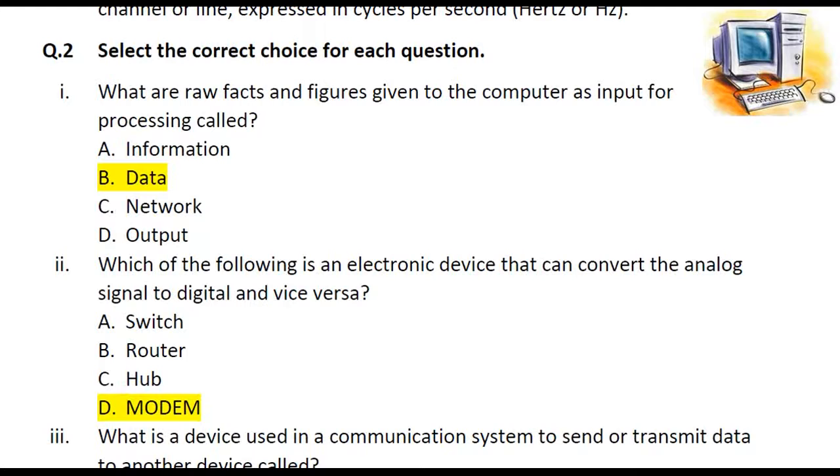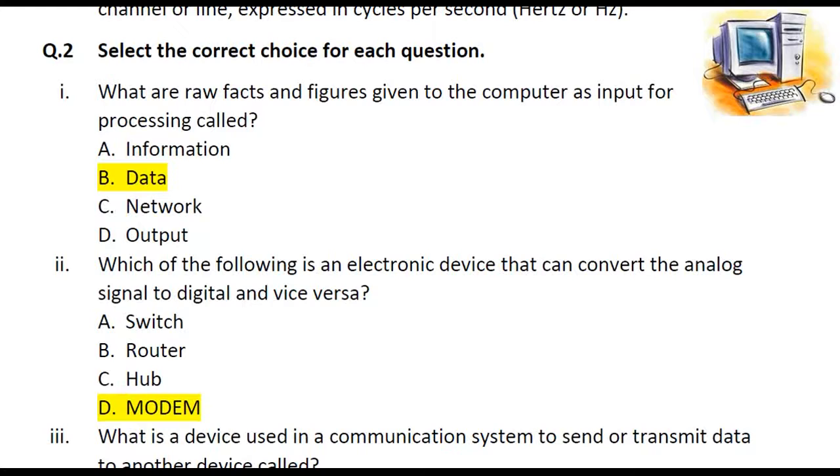MCQ number 1 says: what are raw facts and figures given to the computer as input for processing called? Data. Remember that initially the raw facts which are given to the computer for performing some processing, or to convert into useful information on the basis of which we can make some decisions, those raw facts, those meaningless facts are called data.